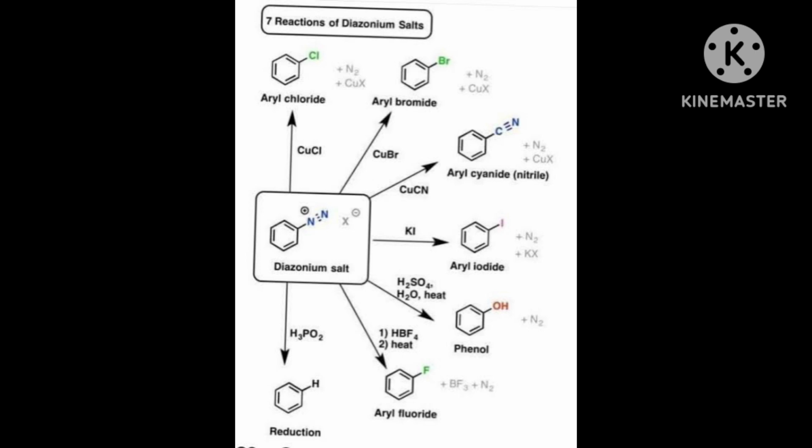Then H will join with Ar. H2O will provide H plus and OH minus. Then H will join the Ar and it will form ArH, meaning you will directly get benzene, the arene, plus N2 plus H3PO3.